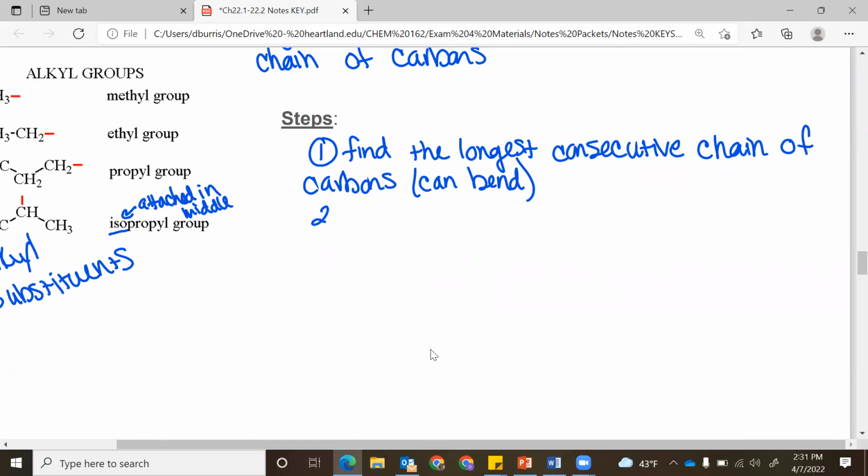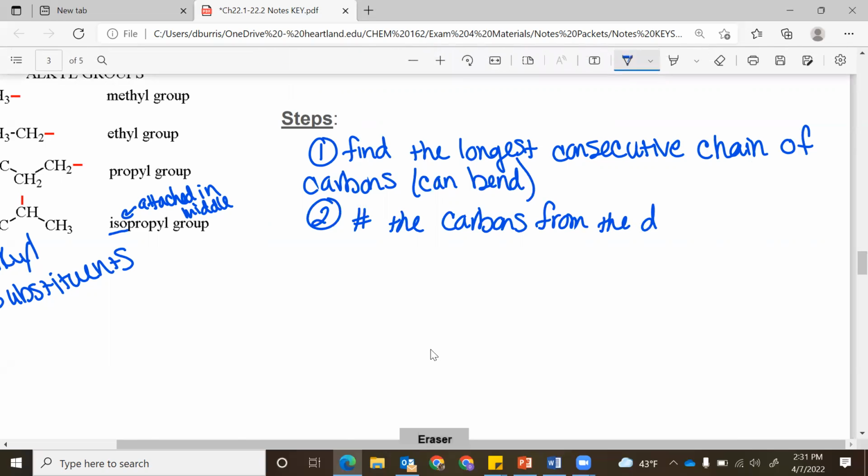All right, the second thing you wanna do is number those carbons, like carbon 1, carbon 2, carbon 3, so on and so forth. So number the carbons. Now from which end? From the end nearest the first substituent or group.